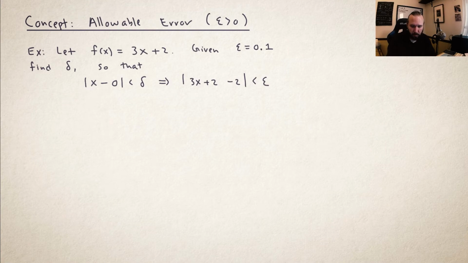Okay, so I've given us a function, 3x plus 2, and I've given us an epsilon, 0.1, so our allowable error here is 1/10.